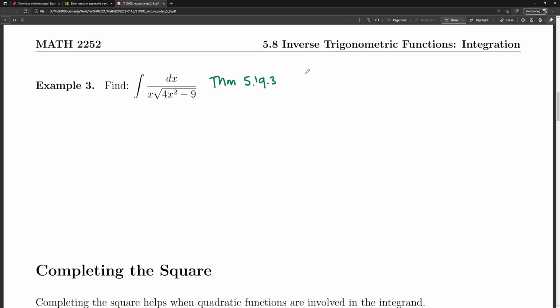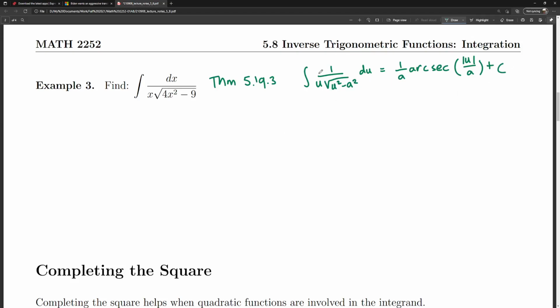It states that the antiderivative of 1 over u square root of u squared minus a squared du is equal to 1 over a arc secant of the absolute value of u over a plus a constant of integration.